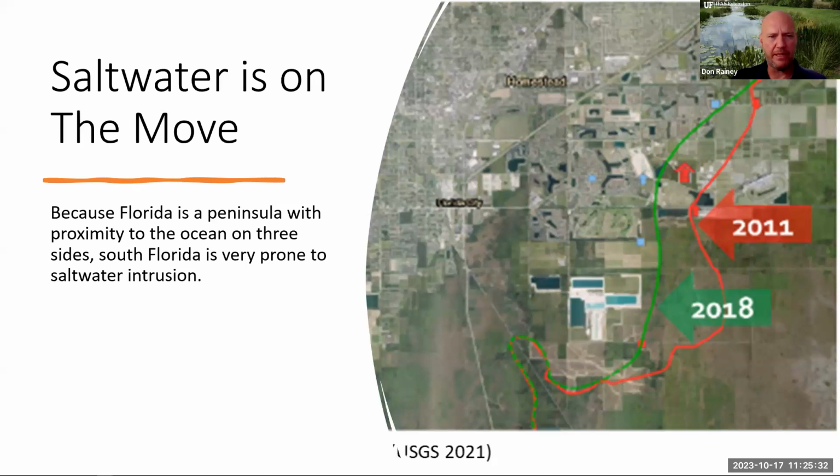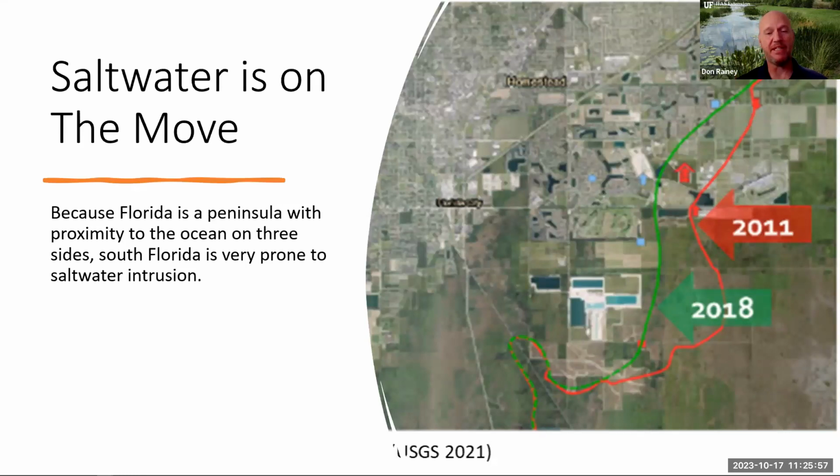So it's right there on the, I guess, marginal influence of the Everglades down in that area, and the farmland, of course. But as you can see here in 2011, the wellhead monitoring program that they were doing started detecting some salinity issues. And you can see how the intrusion now is moving inland.